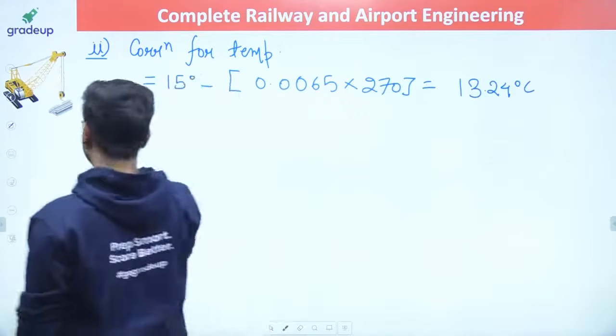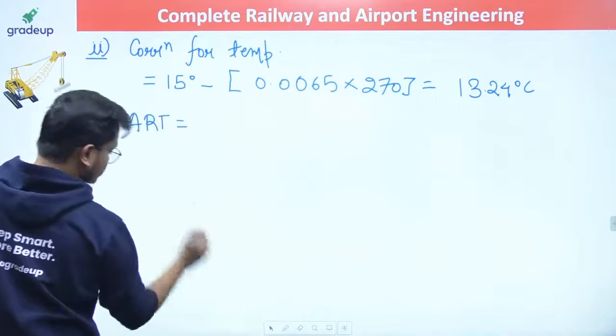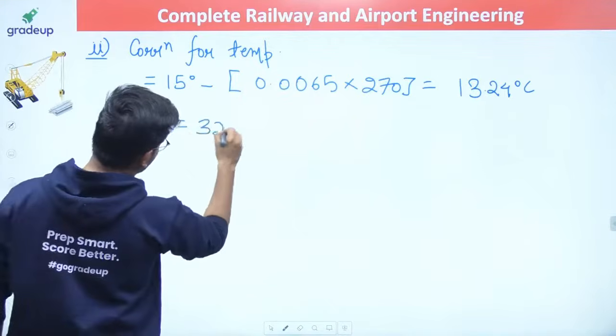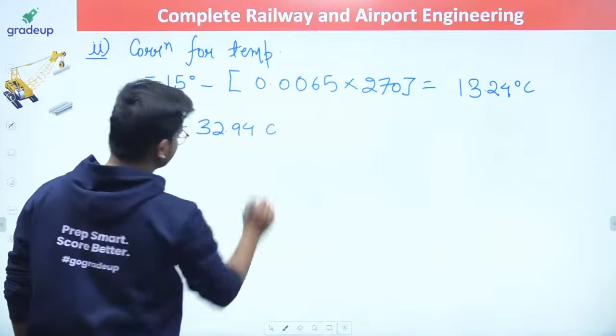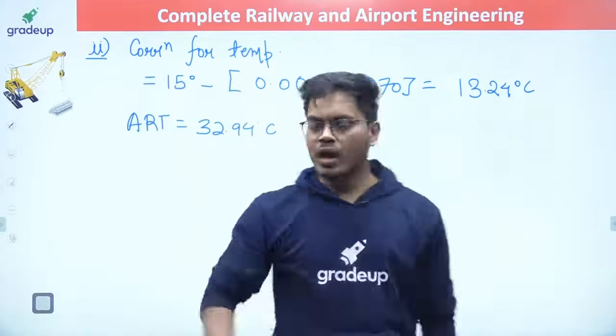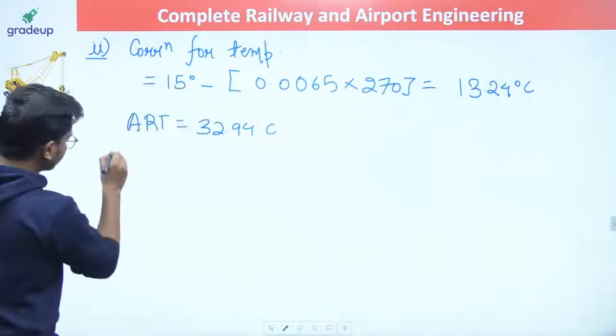Right? The ART value is already given to me as 32.94 degrees Celsius. Now everybody tell me how much extra temperature I have above ART.